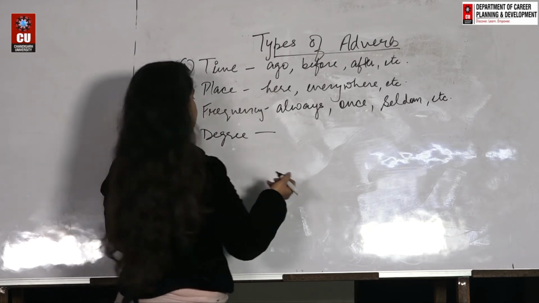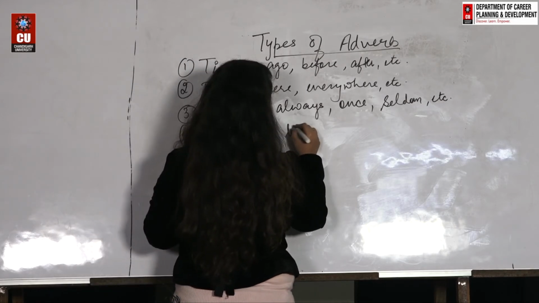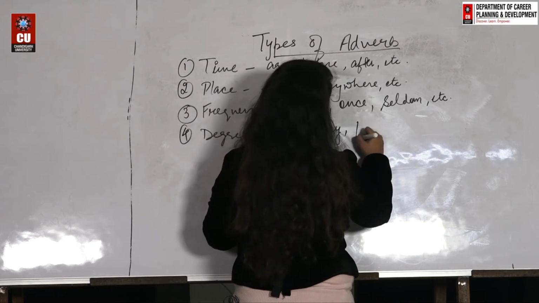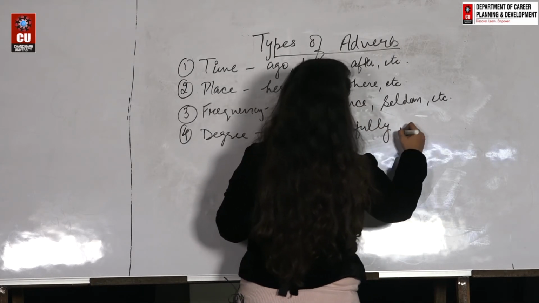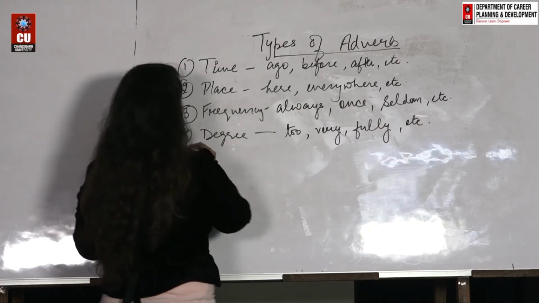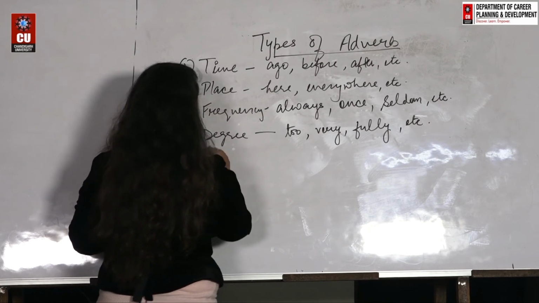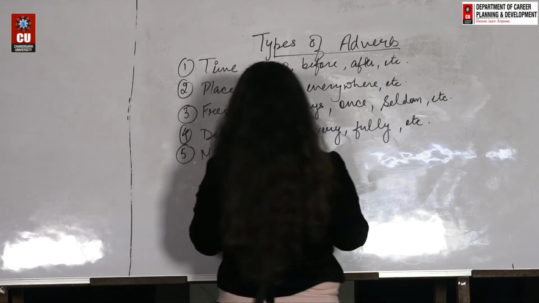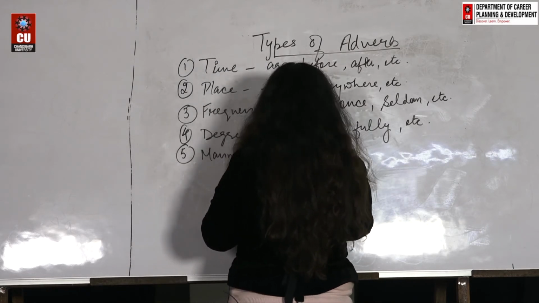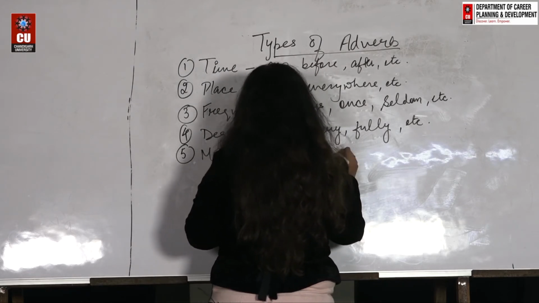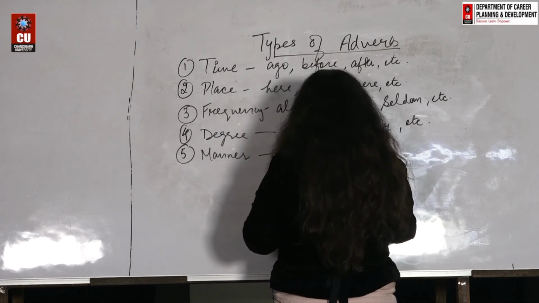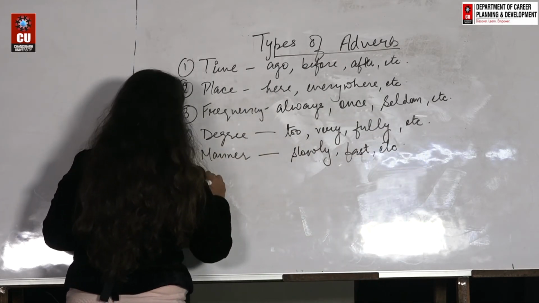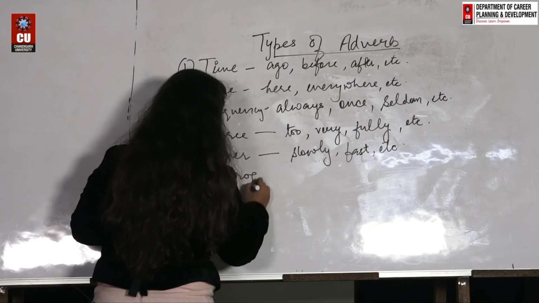The fourth is degree. In this, what are the adverbs? Too, very, fully, etc. The fifth one is manner. In what manner is it done? Slowly, fast, etc. Sixth is interrogative.